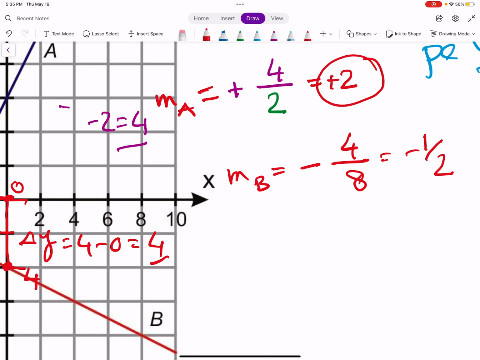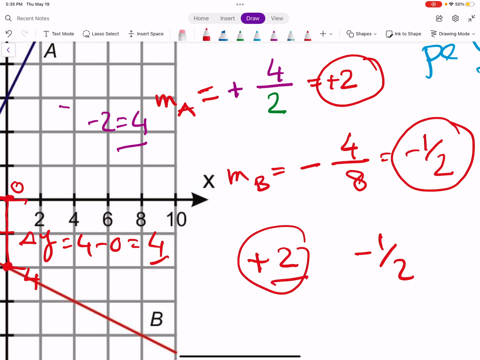What kind of relationship do these have? If this one is 2, then we can find the other. What is the relationship between 2 and negative 1 over 2? This is positive. So this guy has a 1, right?